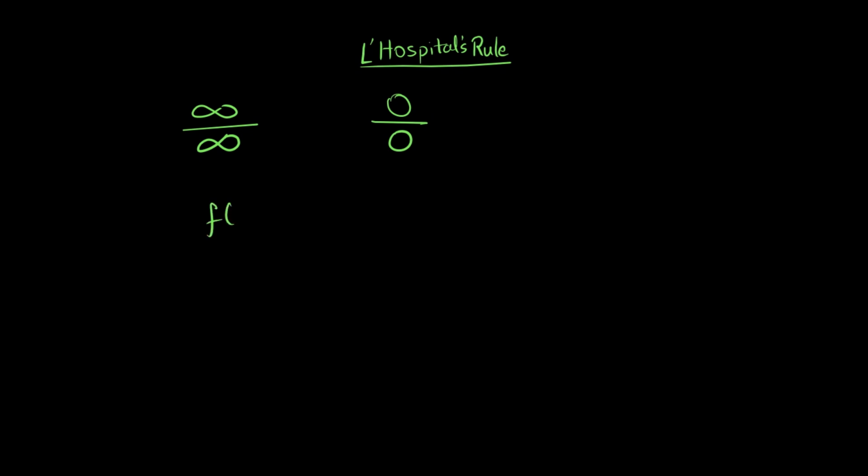For an expression f(x) over g(x), when the limit x approaches 0, plug in 0 for x. Let's assume that f(x) becomes 0. Plug in 0 for x in g as well, and it becomes 0. Then this is 0 divided by 0, an indeterminate form.